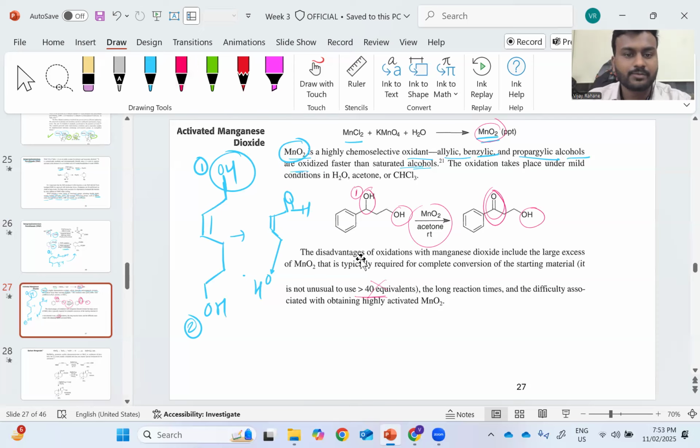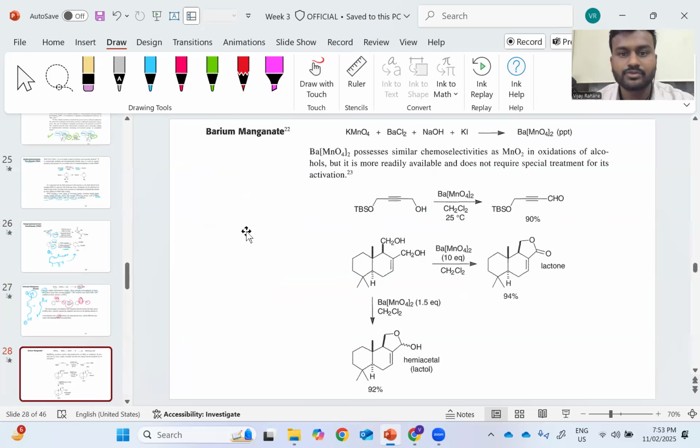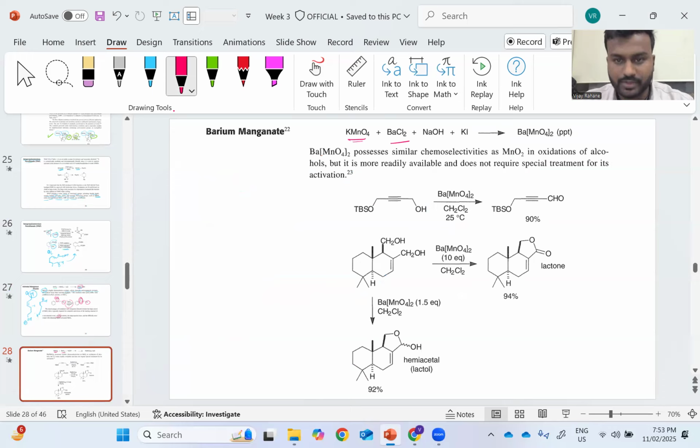Further, another type of oxidation is the use of barium manganate. If you use the salt of barium chloride, KMnO4 in NaOH and KI, it forms barium manganate, which is BaMnO4.